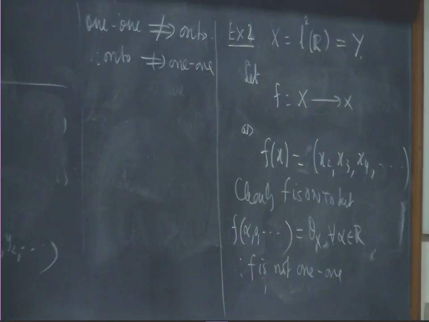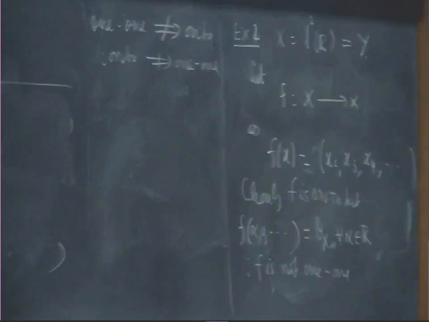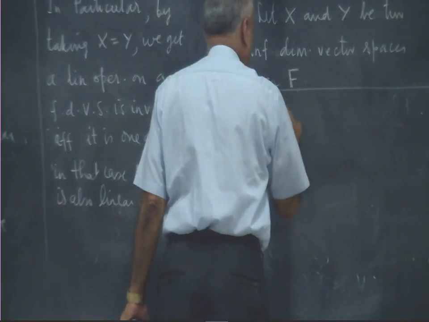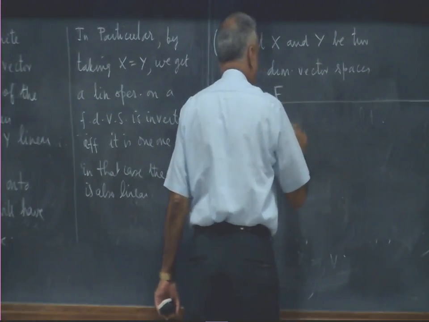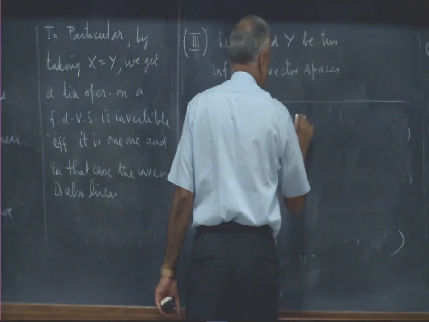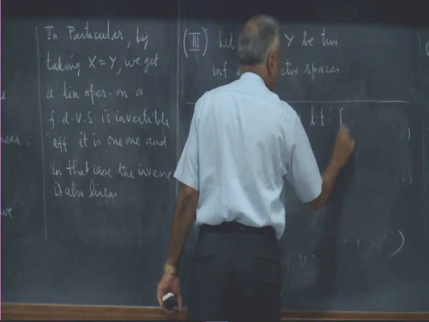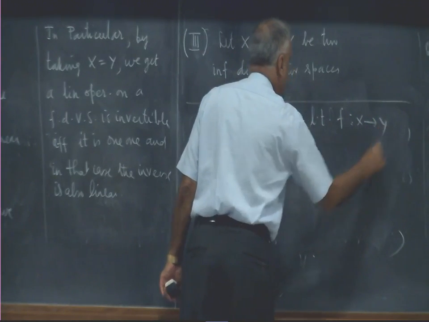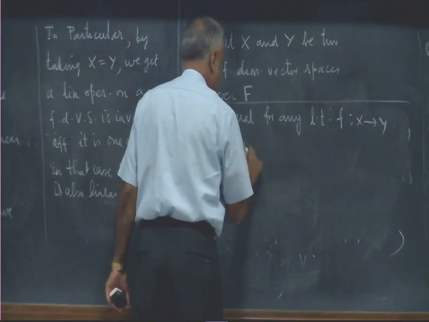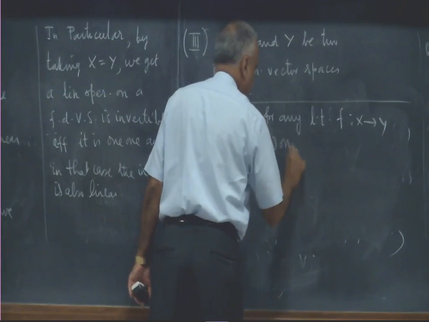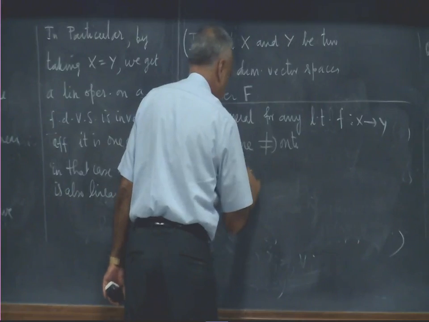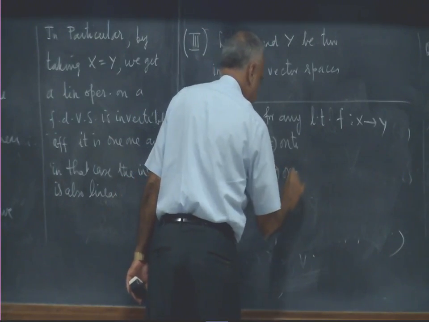Right. So, therefore, now let us come back to this. Therefore, in general, for any linear transformation f mapping X to Y, 1-1 does not imply onto, and onto does not imply 1-1.